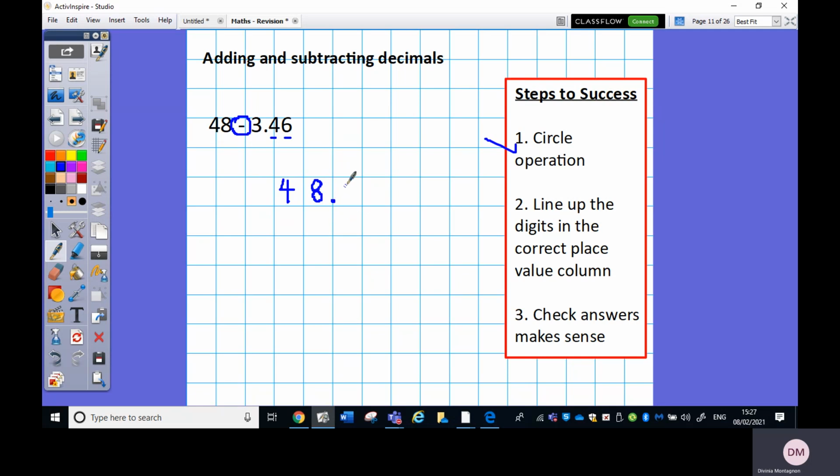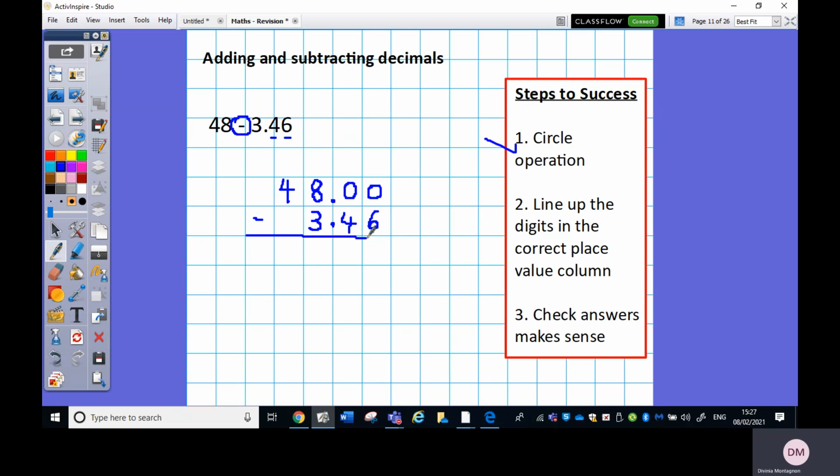So the decimal place goes here, and then I put 2 place value holders. Okay, and now I can place my digits in the correct column. So again, I'm going to line up my decimals. And I'm going to place my ones just before my decimal, and then my tenths, and then my hundredths.